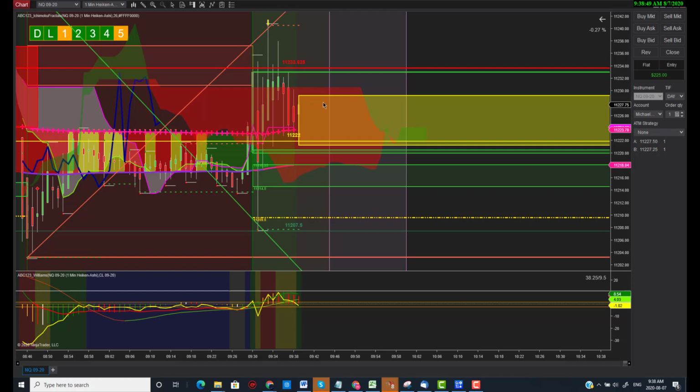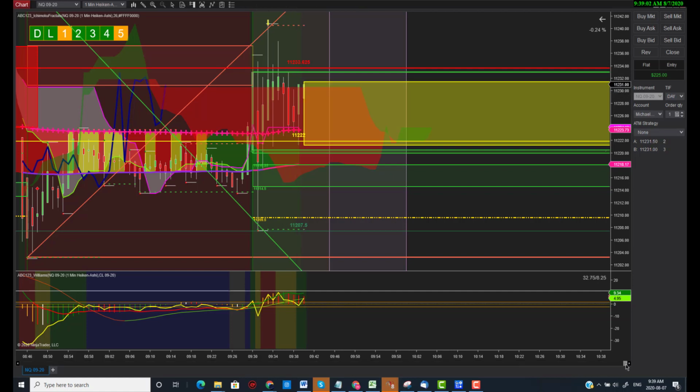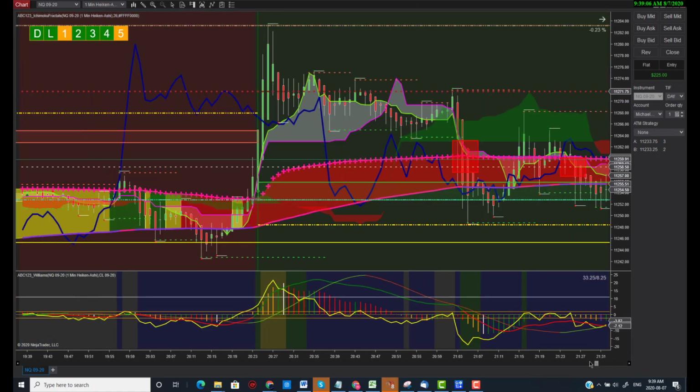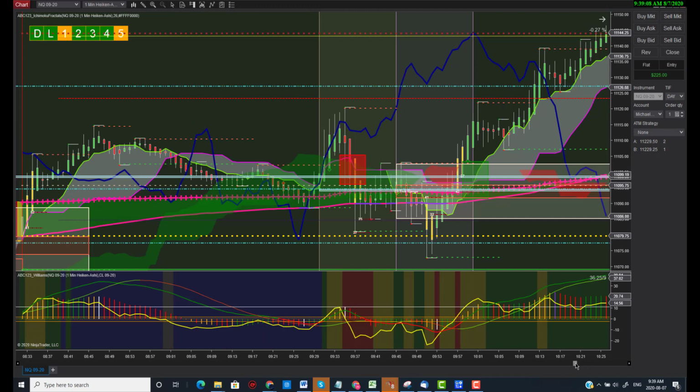But the most crucial part is get the noise out, find out where they're ranging of support and resistance, and then you can choose bias. Like, for example, let's take a look at yesterday's 915. There we go. Yesterday's 915 was right here.